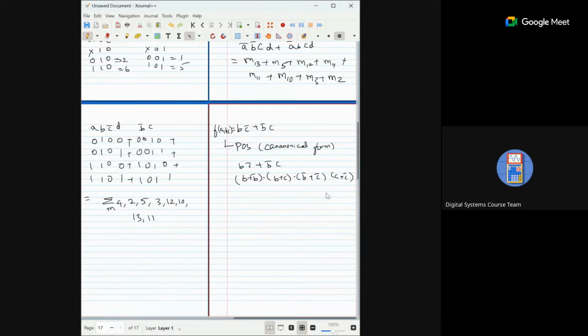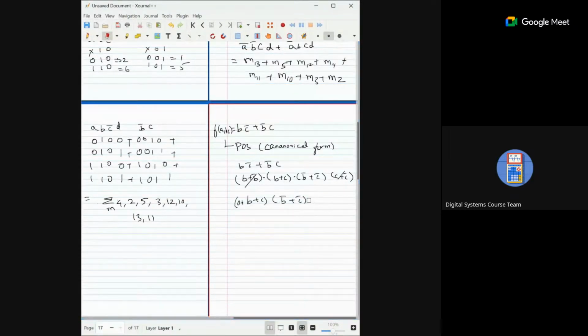Okay. But this is not a canonical form, but it is a POS form. Is it okay? Now these two are not necessary. So B plus C times B bar plus C bar. So here only 1 term is missing.